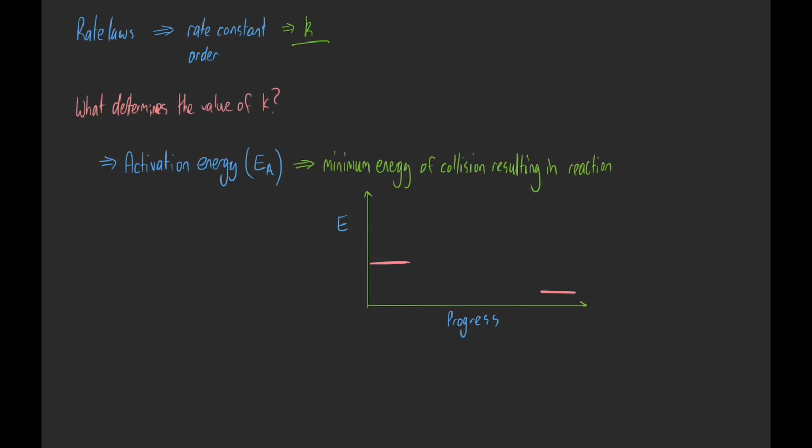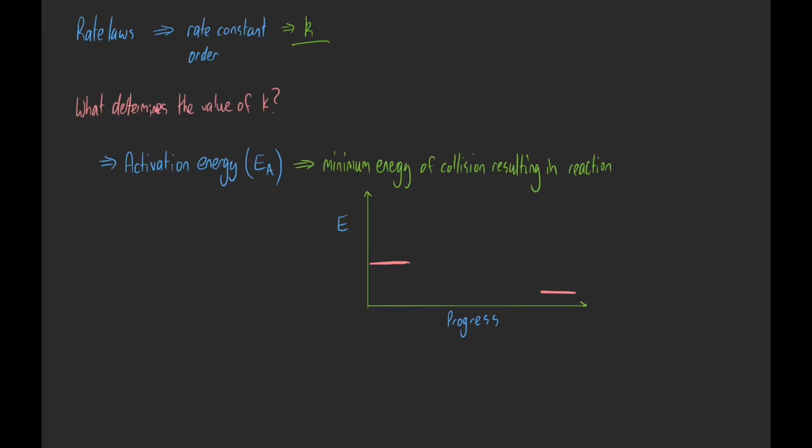Now, what we have here is actually an exothermic reaction. The final energy is lower than the starting energy. But what actually happens in between here is what determines how fast the process will happen. So if we connect up these lines, we don't necessarily draw a straight line between them for how the energy varies throughout this reaction.